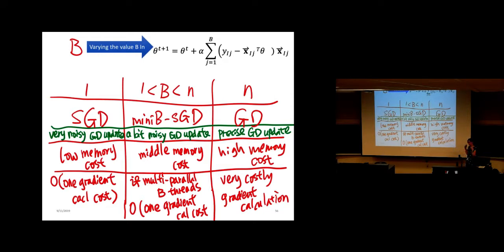You really do one single stochastic gradient descent calculation and do B of them all at the same time. So that's why the cost is still only O(1). It's all a single sample calculation.